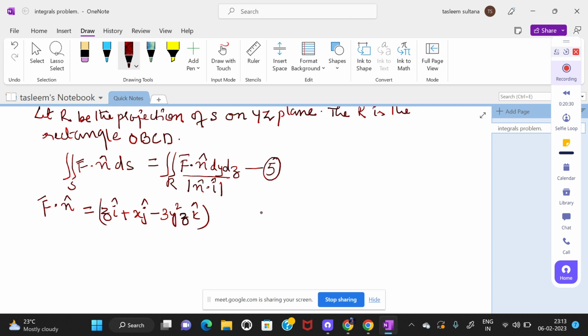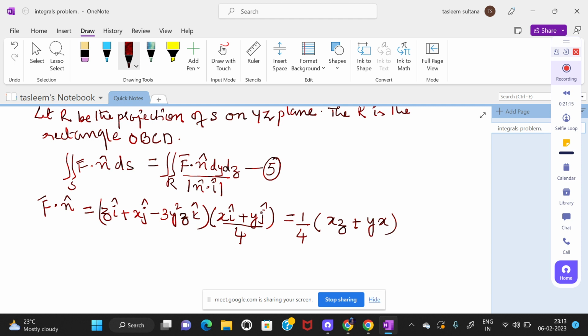And what is our n vector? From equation number 3, you will get your n vector: x i plus y j by 4. Now you do the product of this. i into i, j into j. So 1 by 4 completely we can take out. 1 by 4 of x into z, then plus y into x, j into j. Yes or no?